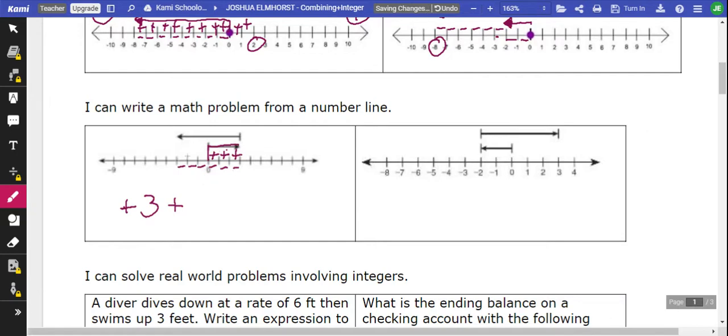These are going in the negative direction. This is going in the positive direction. So we're going to go -6. And we can put these in parentheses just to represent that that's a number here. Okay. And then this equals -3.